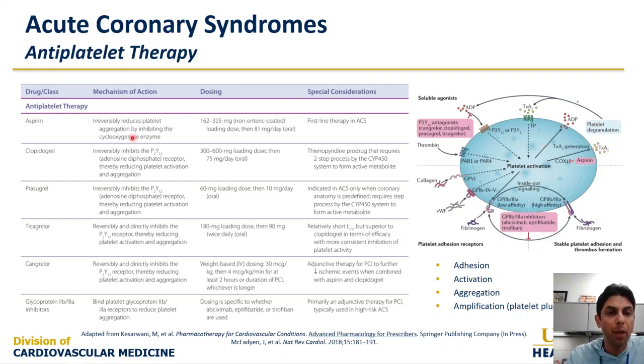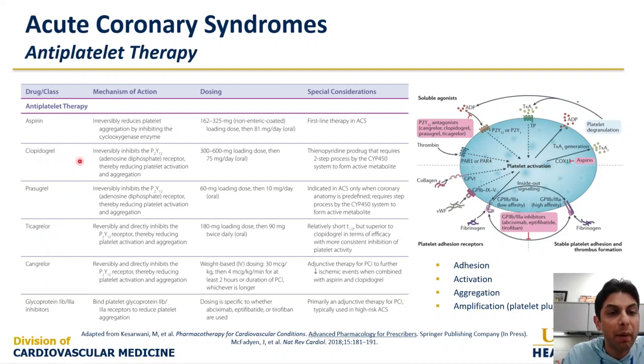Now, another important part to the treatment of acute coronary syndromes is we need to think about inhibition of the ADP receptor. One of the most important medications to be aware of in this regard that frequently appears on step 1, as compared to prasugrel, ticagrelor, and cangrelor, which are newer medications, is as follows.